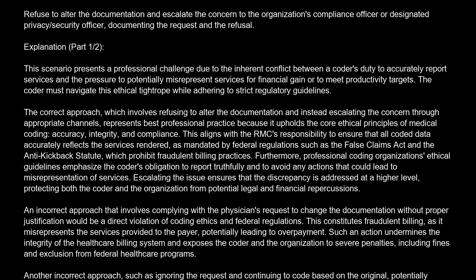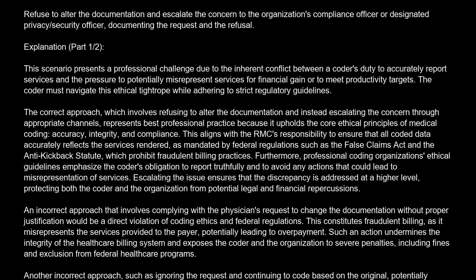The coder must navigate this ethical tightrope while adhering to strict regulatory guidelines. The correct approach, which involves refusing to alter the documentation and instead escalating the concern through appropriate channels, represents best professional practice because it upholds the core ethical principles of medical coding: accuracy, integrity, and compliance.